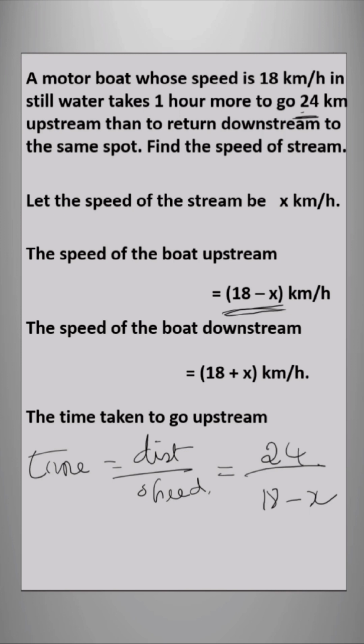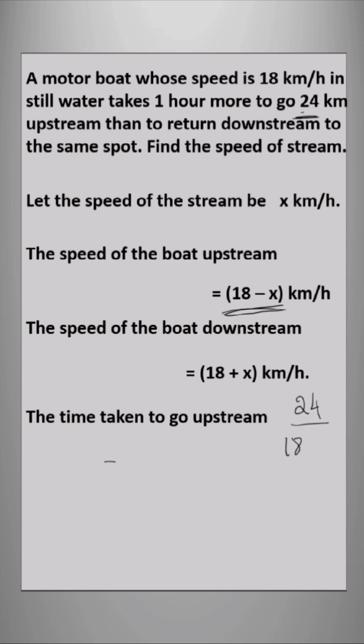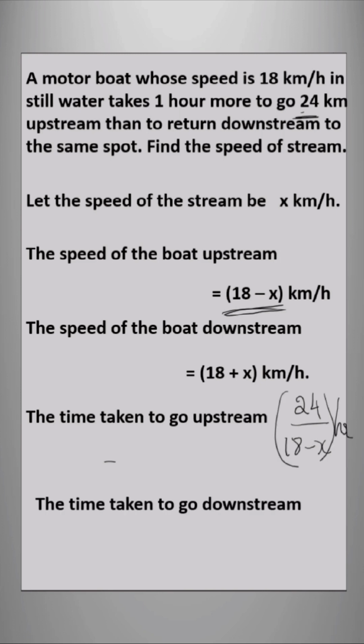So the time taken to go upstream is 24 by 18 minus x hours. What is the time taken to go downstream? Here the distance is 24. The speed of the boat downstream is 18 plus x. So 24 by 18 plus x hours.